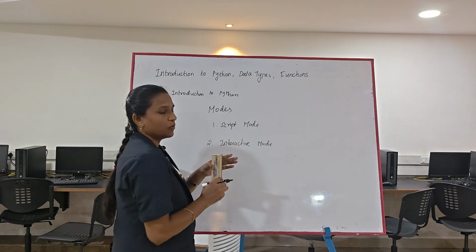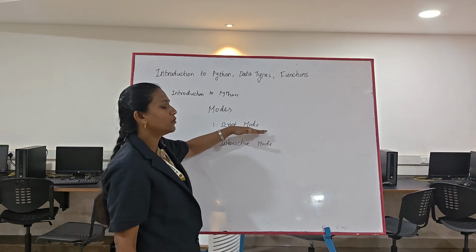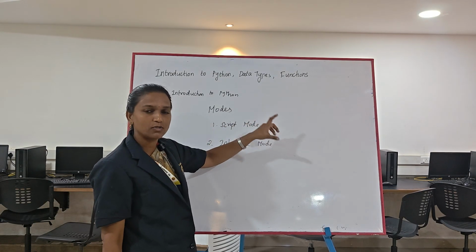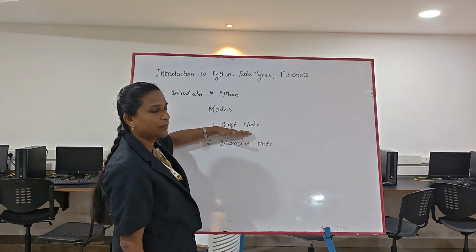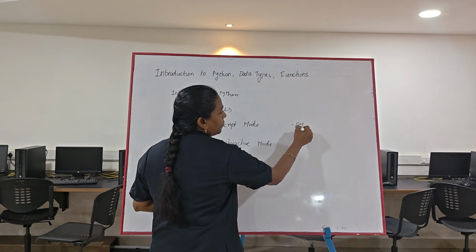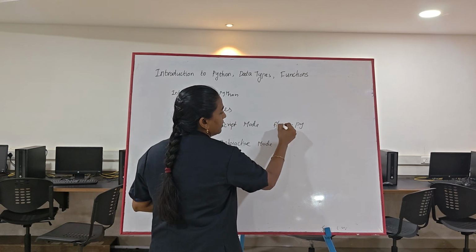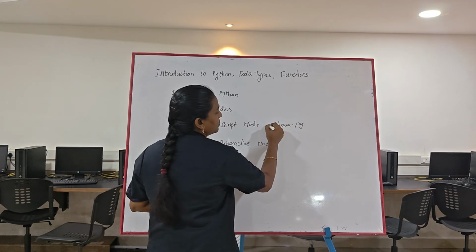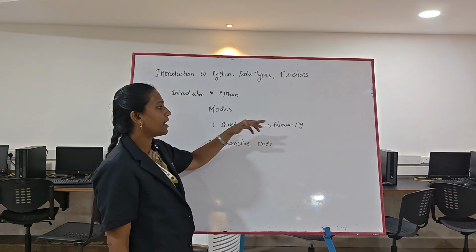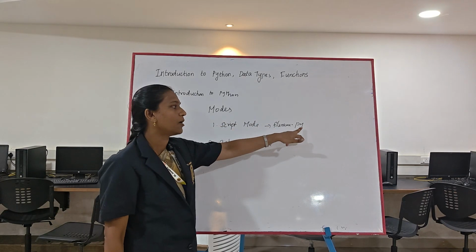First one is script mode. Script mode means we have to open the file, type the program and save the program. We have to save the program as file name .py. We have to open the file, type the program and save the file as file name .py.